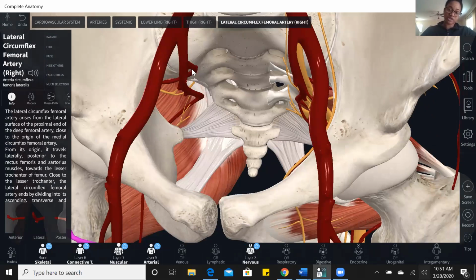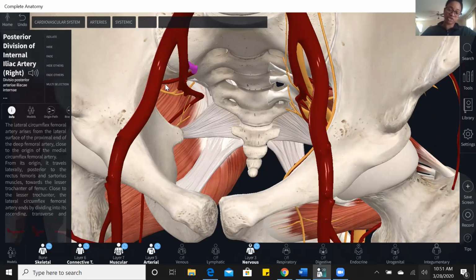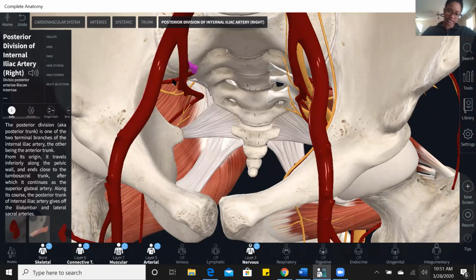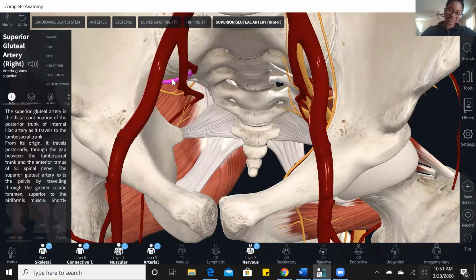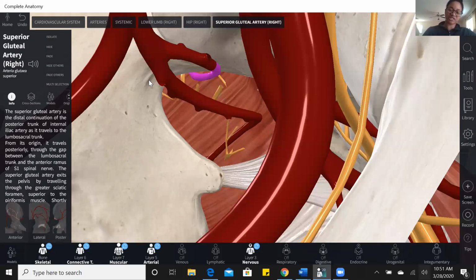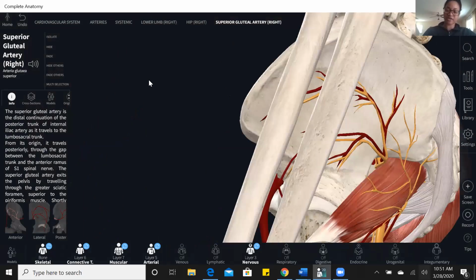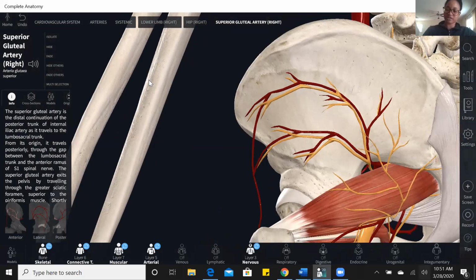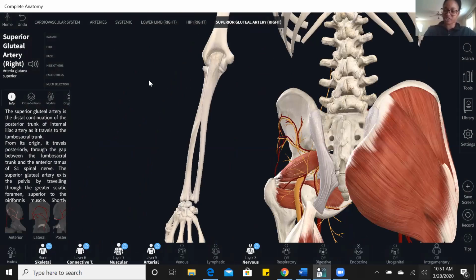So in the posterior division, here's your superior gluteal. Oops, sorry, not that one. This one. This is your superior gluteal going under the greater sciatic notch. And then on this side, you can see it better fanning out on the gluteal surface. And you can imagine that it would supply all of those muscles in this region, which are here.